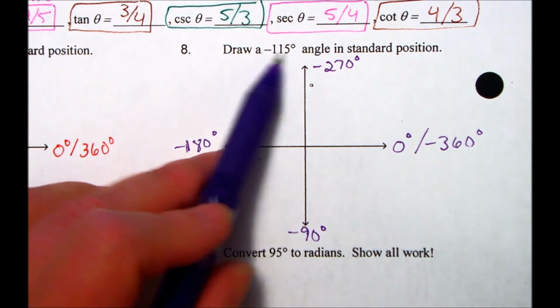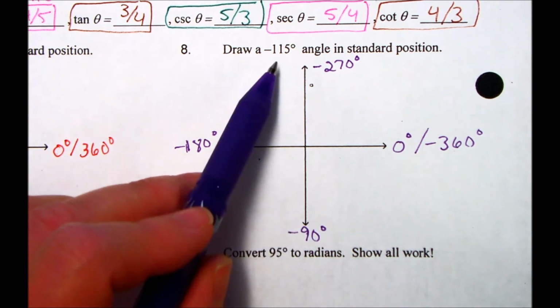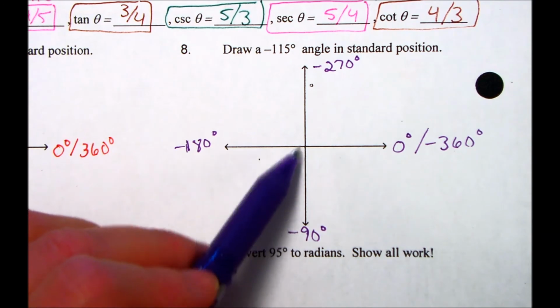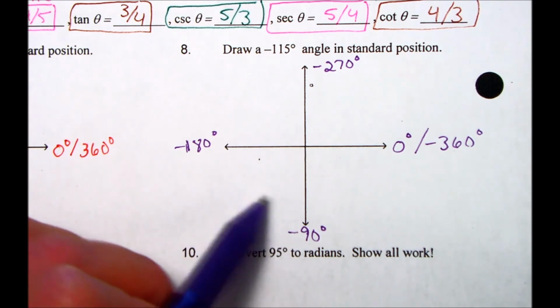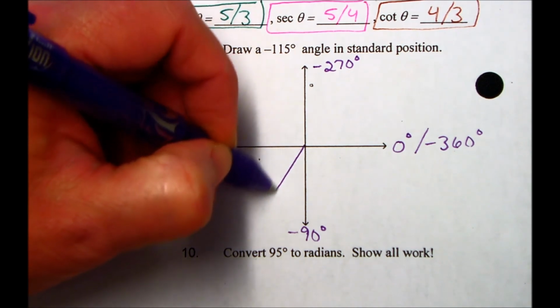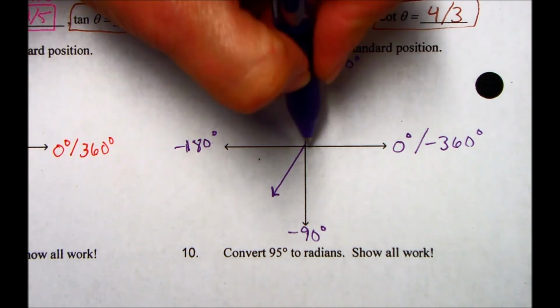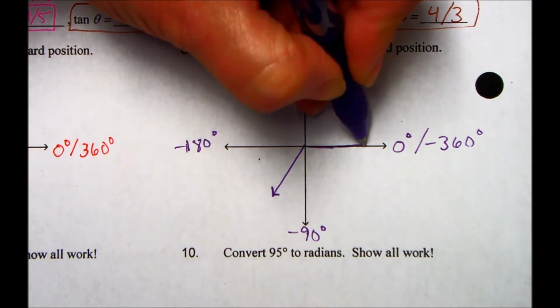So 115 is what, 25 degrees more than 90. So it's going to be not halfway, because halfway would be 45. So about a third of the way is where we want this to end up. And again, your initial angle is here.